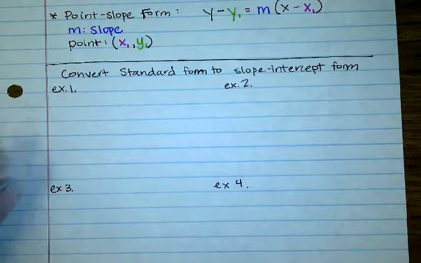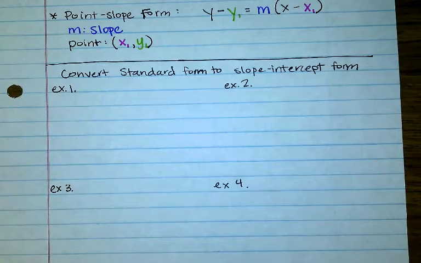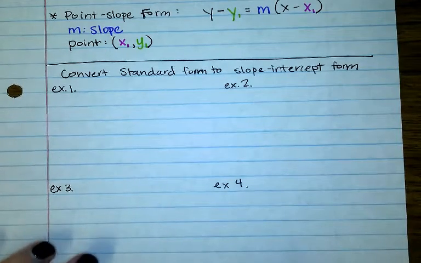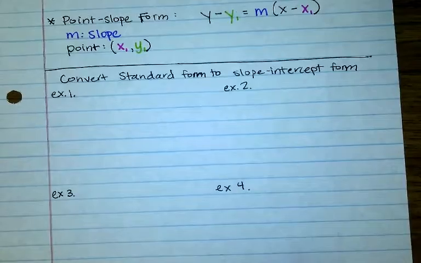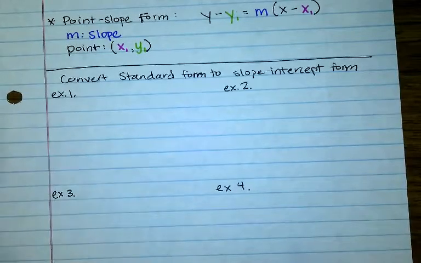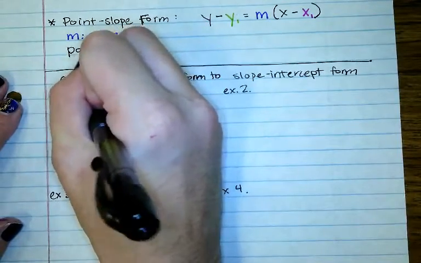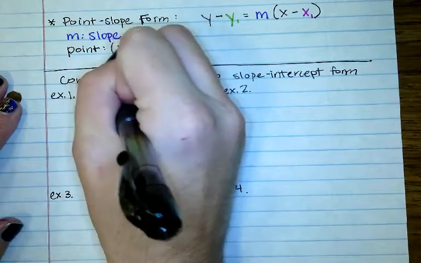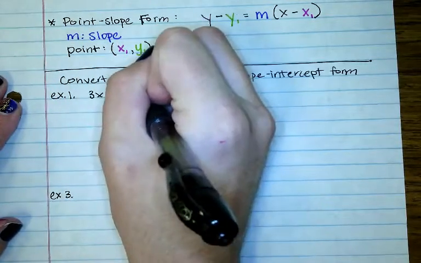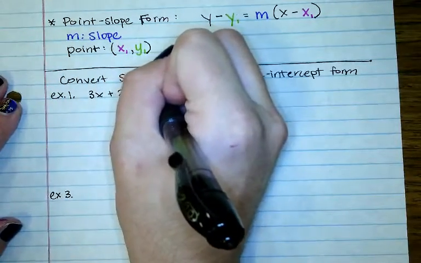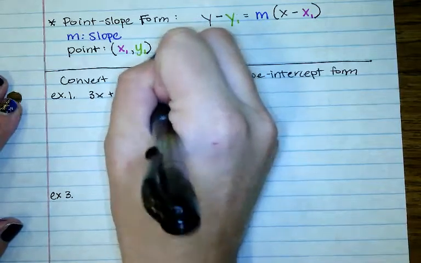Okay, now remember, standard form was ax plus by equals c. So right here, my first equation that I'm going to do for y'all is 3x plus 2y is equal to 4. Okay? 3x plus 2y equals 4.